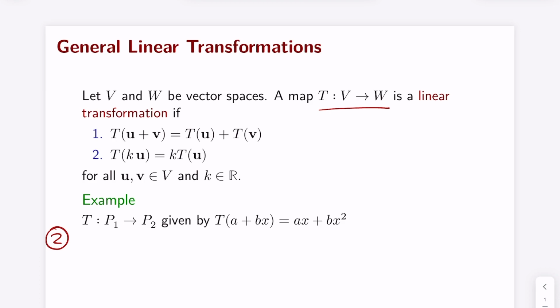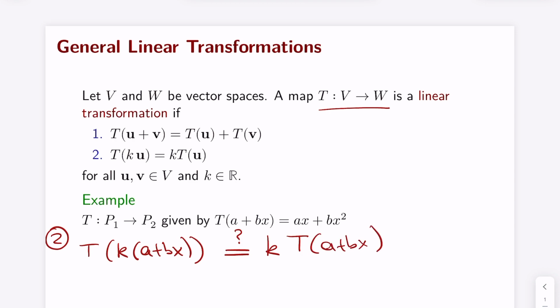For property 2, we need to take a polynomial and multiply by a scalar. So we do k times a polynomial, like this, and we are checking if this is equal to this, which should be k out times the transform of just the polynomial. Well, as before, we do the left part, that is, do first what is between parentheses. Let's leave the T out.